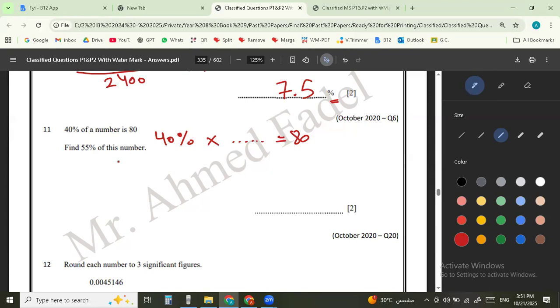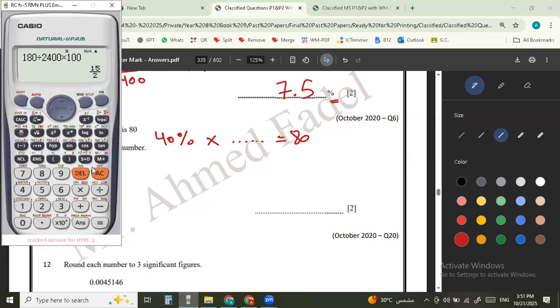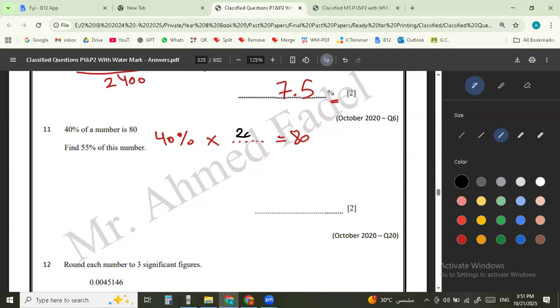So what is that number? We agreed I'm going to do 80 divided by 40%. Let's do it: 80 divided by 0.4 equals 200. Mister, the number is actually 200.